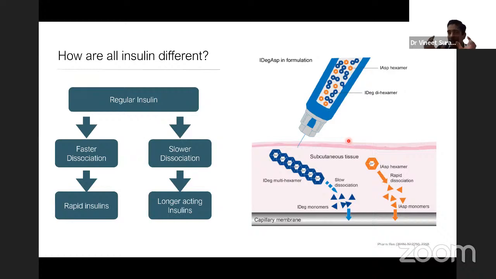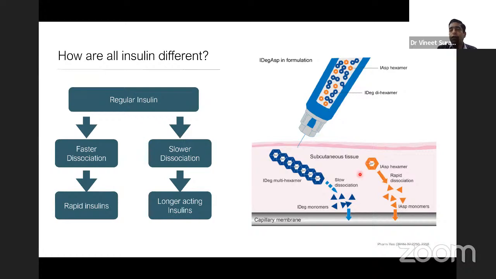Just as an example, if I take this picture, this is the IDegAsp formulation. Basically, this is two kinds of insulin given in one combination: something like 25% aspart and 75% degludec. Once it's given in the subcutaneous tissue, they both go separately. They don't remain in combination.